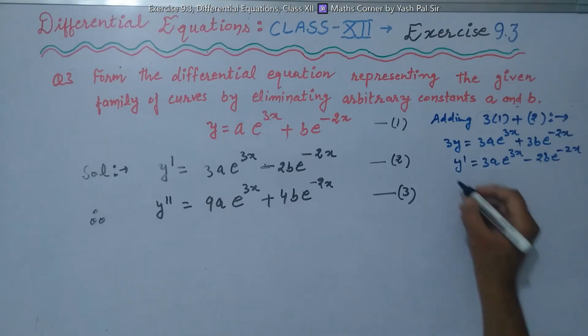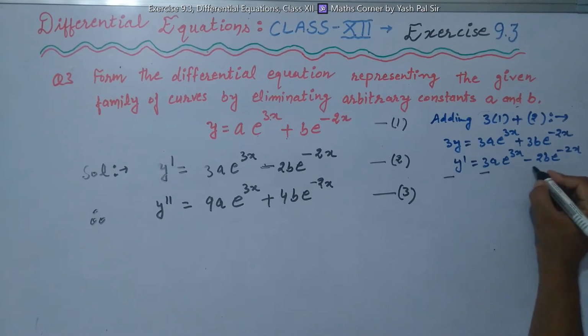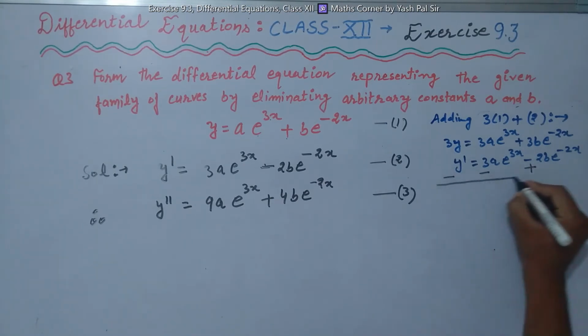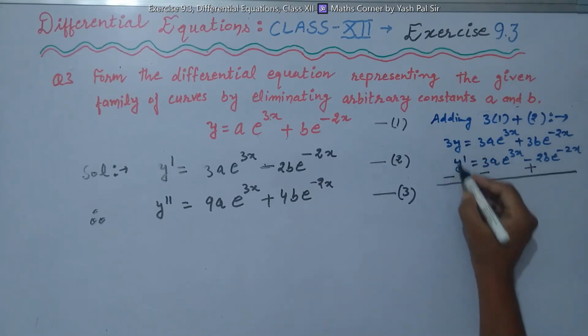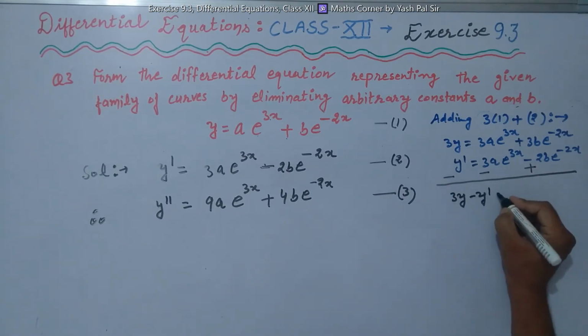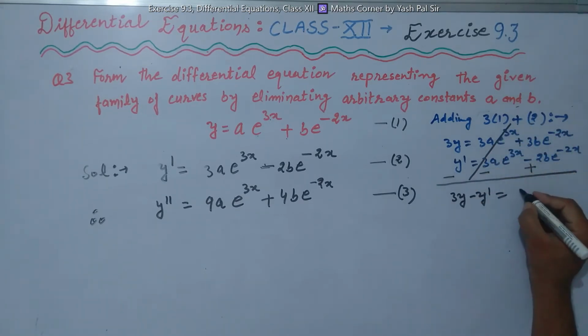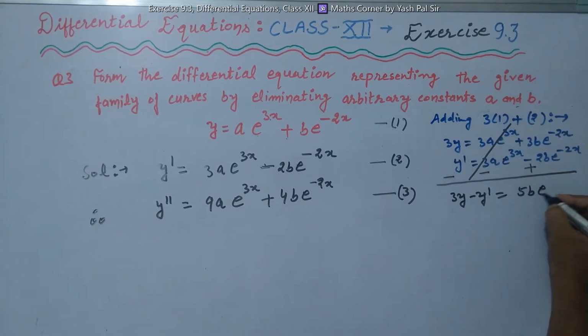Now subtracting, the signs will be changed. This becomes minus, minus becomes plus. So the result is 3y minus y dash is equal to, this is cancelled, 3b plus 2b, 5b e power minus 2x.